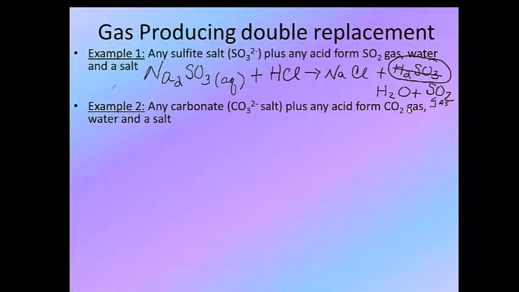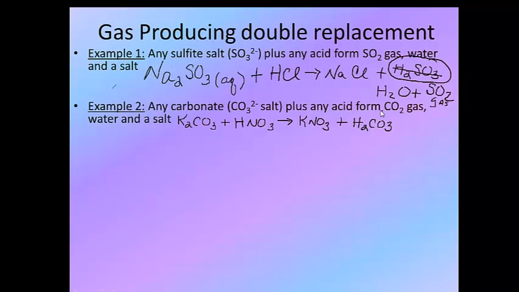Another example, a carbonate plus an acid will pretty much do the same thing. So let's pick potassium carbonate, and let's use nitric acid this time. Again, double replacement reaction because they're 2 compounds. If you predict the product, double replacement reactions, they switch. The cation will replace the hydrogen, the hydrogen will replace the potassium, so you get a salt, a soluble salt, solubility rules, and you get carbonic acid.